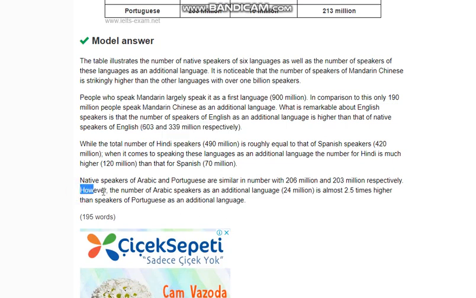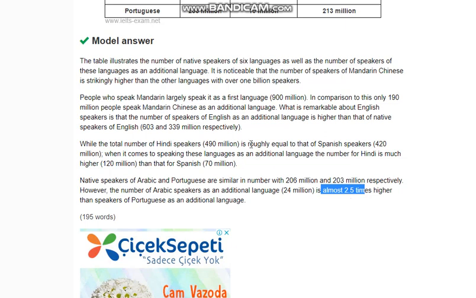However, the number of Arabic speakers as an additional language is almost 5 times higher than speakers of Portuguese as an additional language. So, as I learned, the IELTS examiner also likes to see that structure in writing.